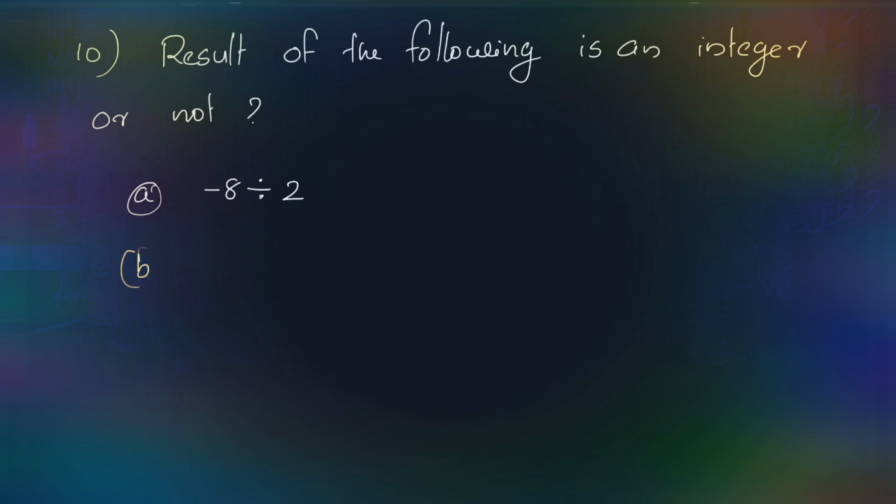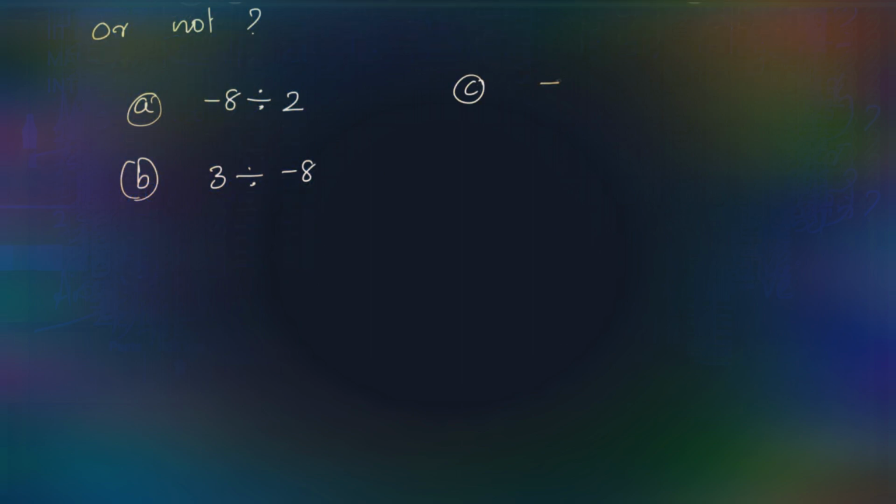Next is option B, 3 divided by negative 8. Next is C, 13 divided by negative 2 plus 1. And option D.